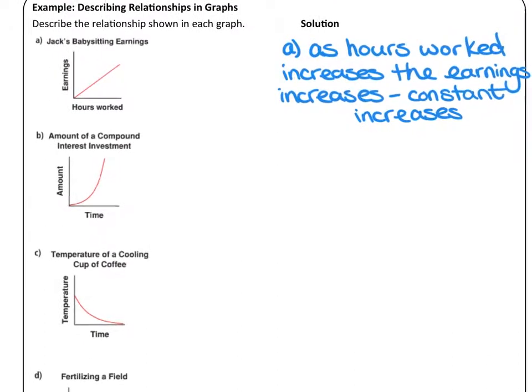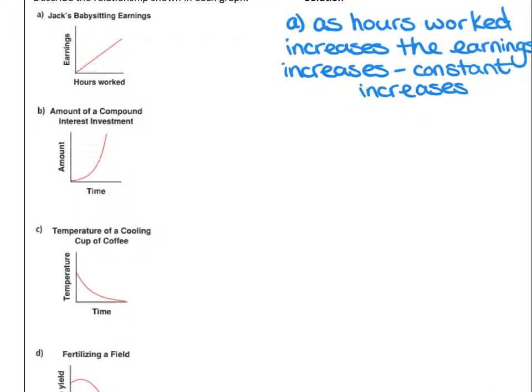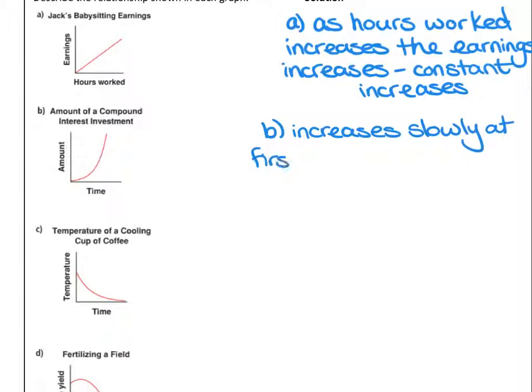For the second example, amount of a compound interest investment. Now, this one goes up a little bit differently. It does increase as time increases, the amount increases. But notice, you can say in this one, increases slowly at first, and then increases more rapidly.